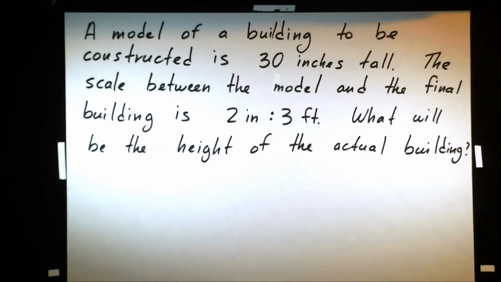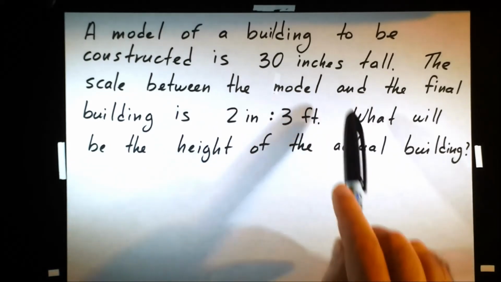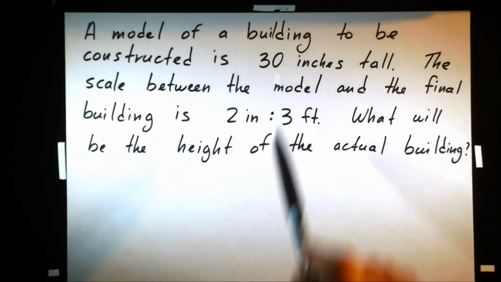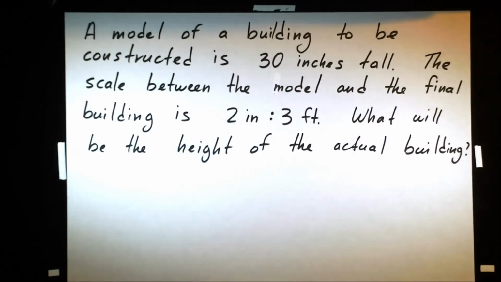Now this may seem like something we haven't done yet, but we actually have worked on problems like this. Because what is this right here? It's a ratio, 2 to 3. Remember, the colon represents ratios when you have two numbers on either side. So this is a ratio of 2 to 3.